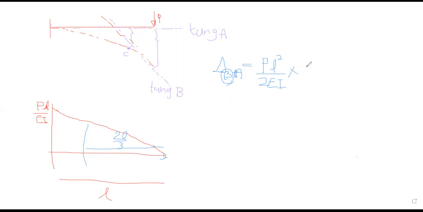So it becomes PL cubed over 6EI, right? Is that right? No, it's getting cancelled, right? So this is PL cubed over 3EI. So this is the deflection.